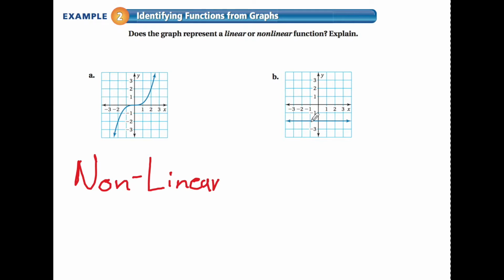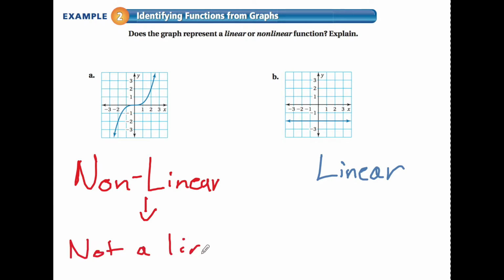Graph B. We have a straight line here, right? It's a line, therefore it is linear. So if it's nonlinear, it is not a line. If it is linear, it is a line.